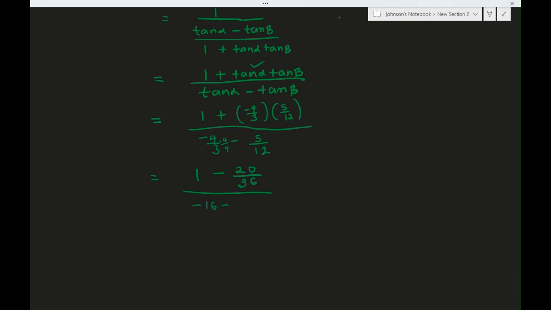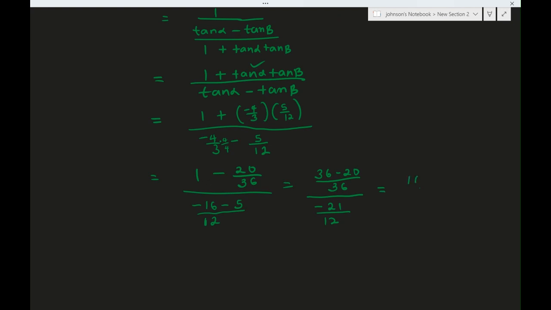You have minus 16 minus 5, everything over 12. Now this one here, we can rewrite as 36 minus 20 divided by 36, over minus 21 over 12.